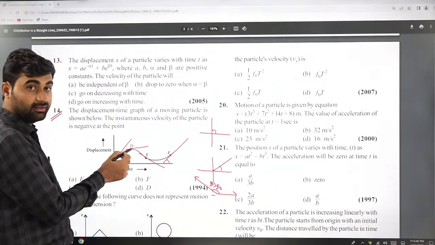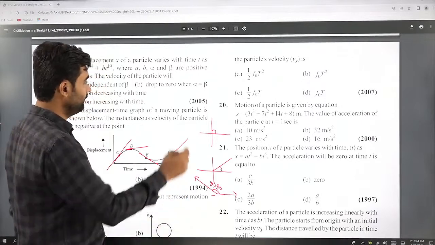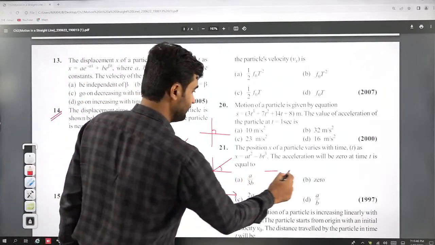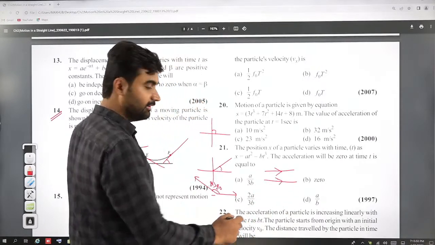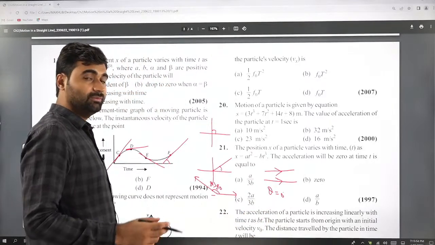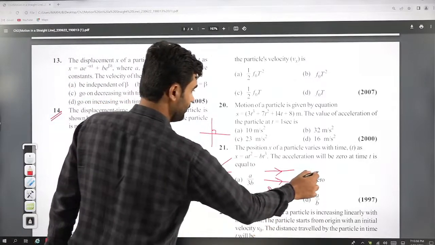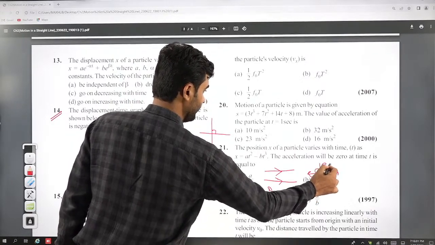If lines are parallel, then the angle is 0. If two lines are parallel, the angle between them is 0. Or you can say if they are anti-parallel, one line this one, one line this one, then the angle between them is 180 degrees.